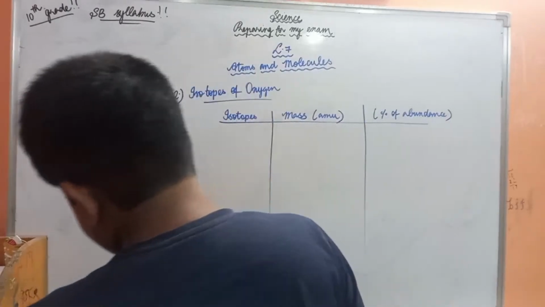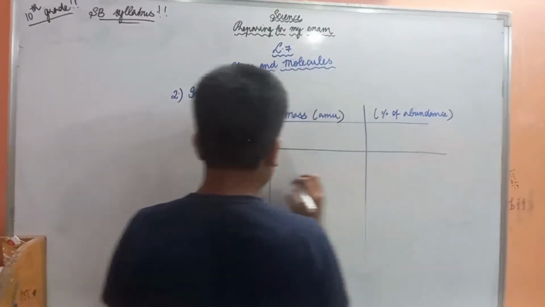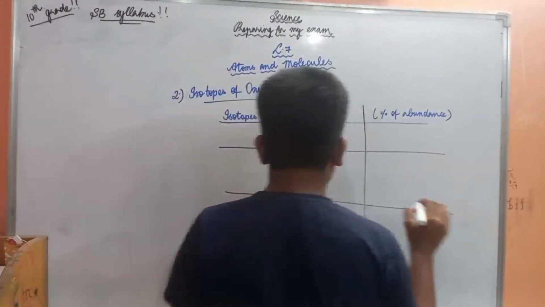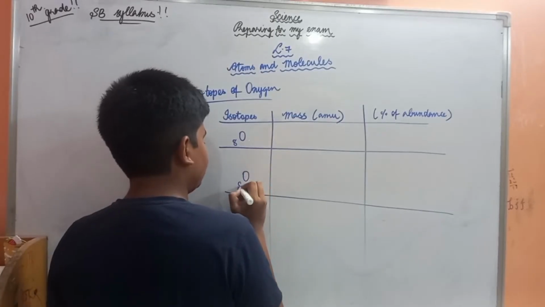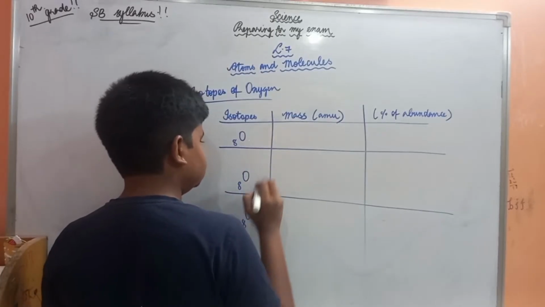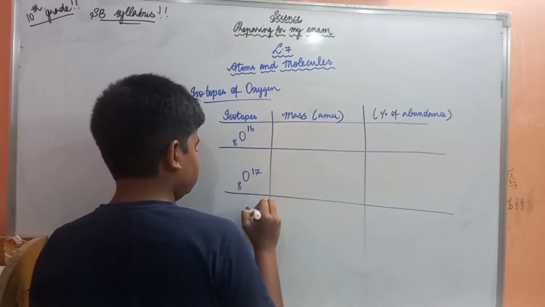So there are 3 types, guys. O-8, 16, 17, 18.